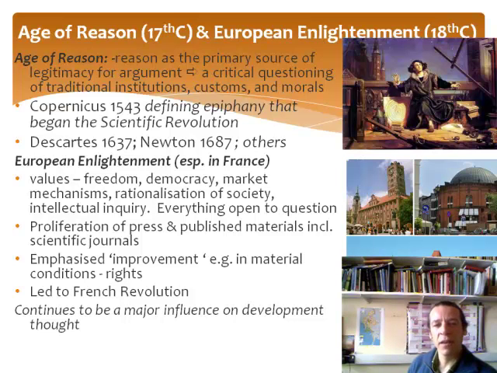So this Age of Reason, this scientific revolution, led also to a social revolution, what's been called the European Enlightenment, the thinking that this rationalism should not only be applied to the natural world, but also to the social world. We should reevaluate social organisation.